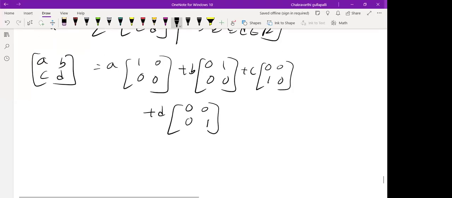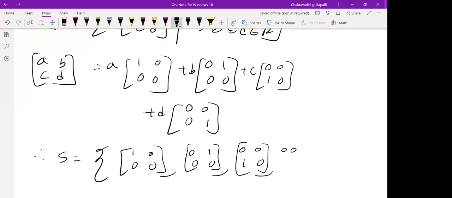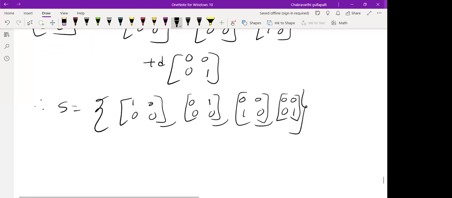Therefore, the standard basis is S equal to {[1 0; 0 0], [0 1; 0 0], [0 0; 1 0], [0 0; 0 1]}. This is the standard basis.